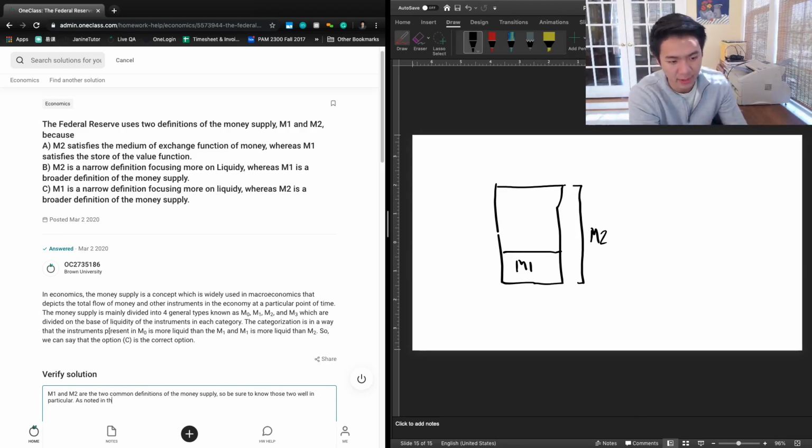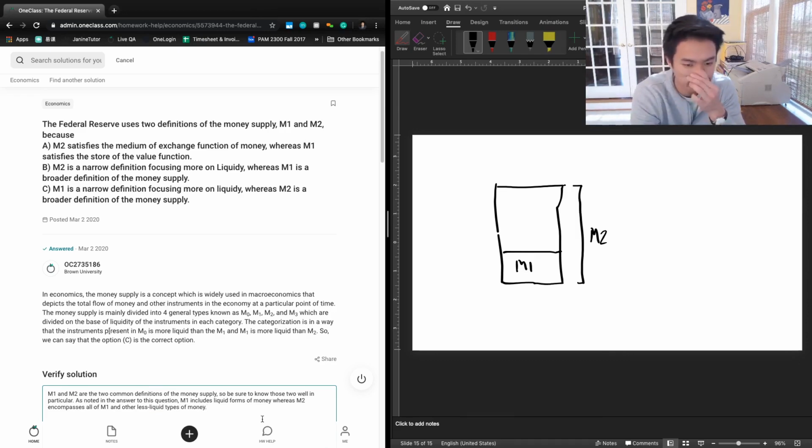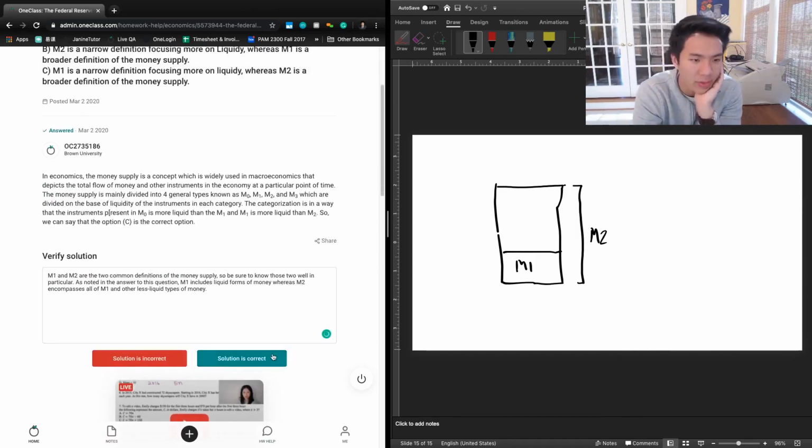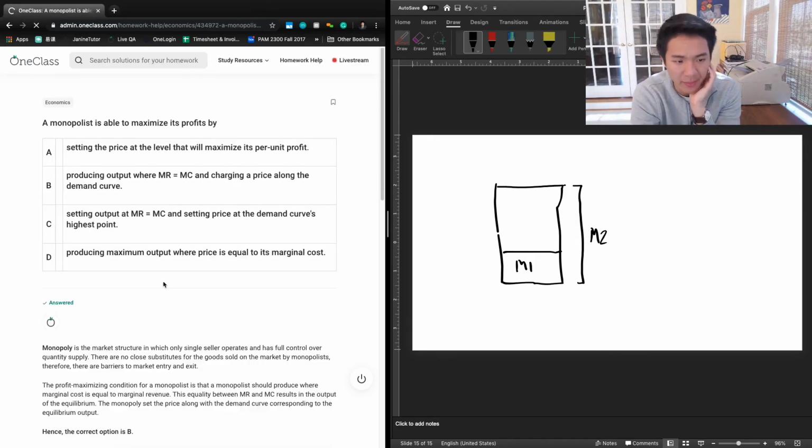As noted in the answer to this question, M1 includes liquid forms of money, whereas M2 encompasses all of M1 and other less liquid types of money. And yeah, so otherwise the solution is correct. It just needs a little bit of clarification, but we're pretty happy with what this previous tutor has written.